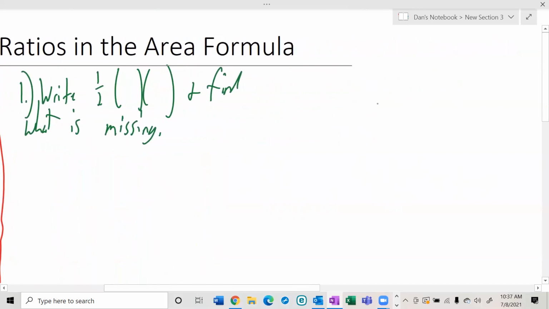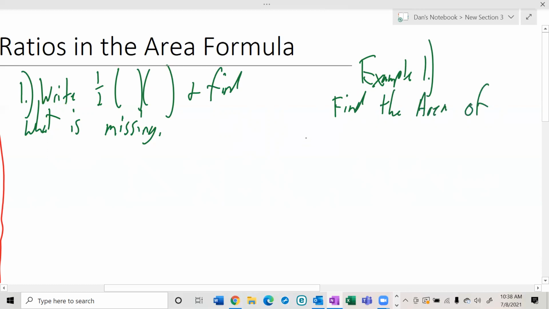Let me give you an example, and we'll do the problems with this example. There's going to be a couple examples of this. We're going to find the area of a regular, how many sides do we want this shape to be?